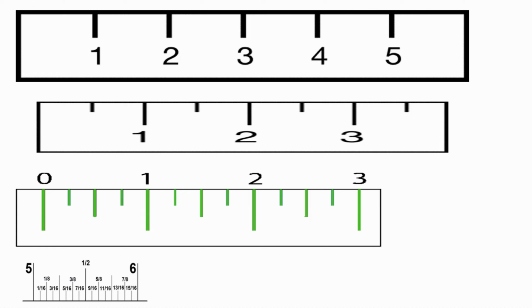This is 1 inch, 2 inches. You can't talk about half inches here because you really can't measure it all that well. Here you could talk about half inches. Here you have half, and then you could talk about quarter inches. And last but not least, you could talk about half inches, quarter inches, eighth inches, and 16th inches, which is the most precise.